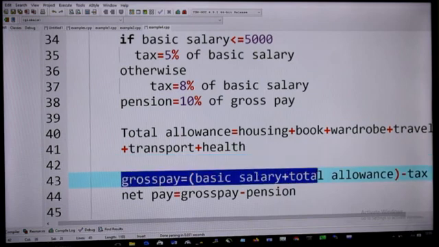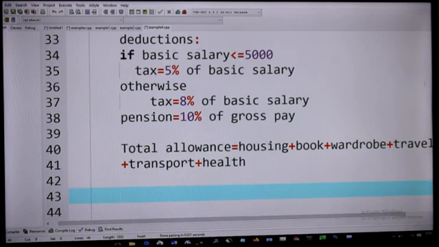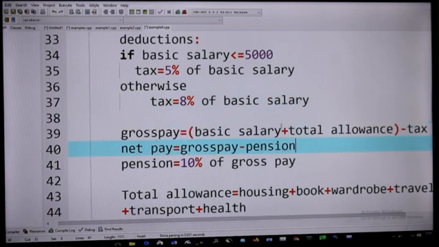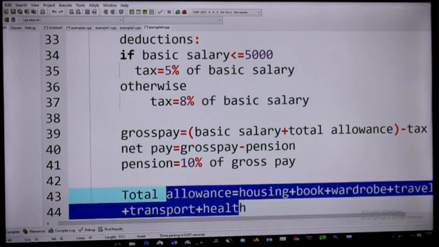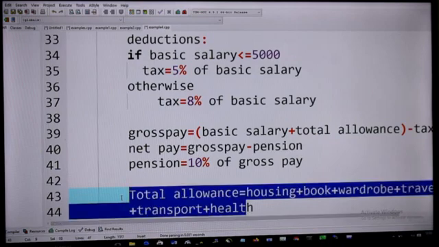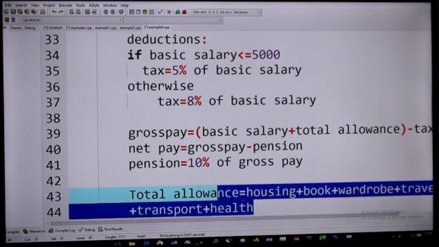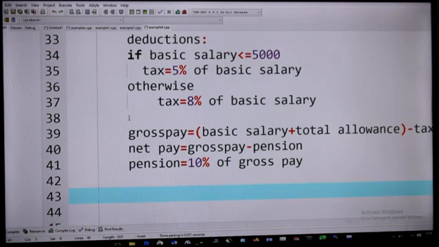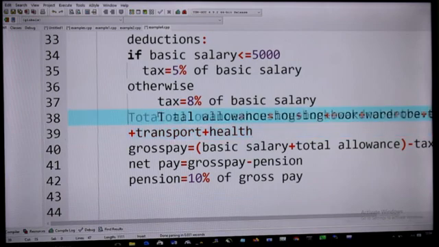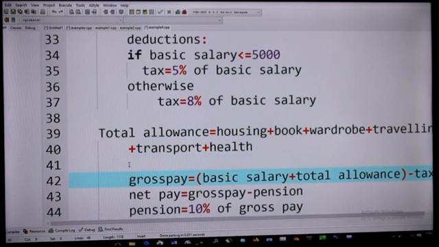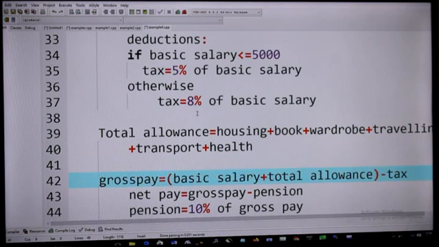So maybe we should now rearrange it this way. We should let it be like this. After your tax, the next thing you should compute should be your total allowance.